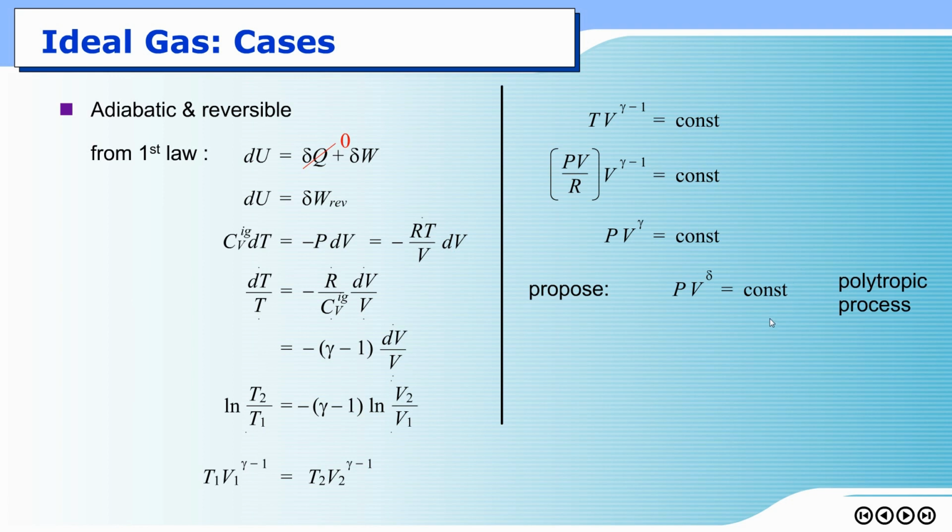Okay, so this equation describes the process called polytropic process. What does it mean? Poly means a lot, right? It means that one single equation can describe so many situations.